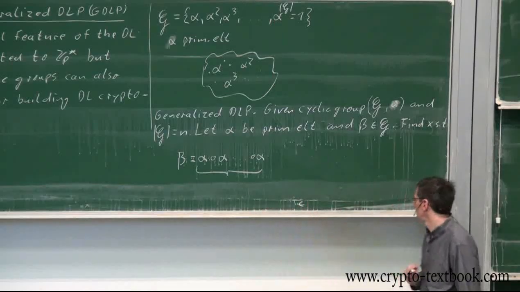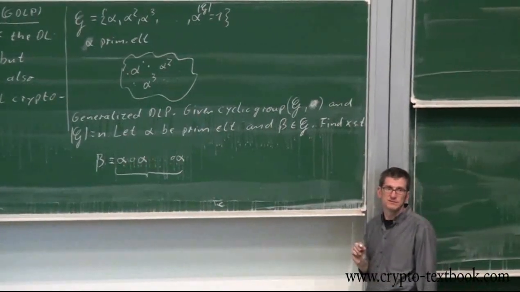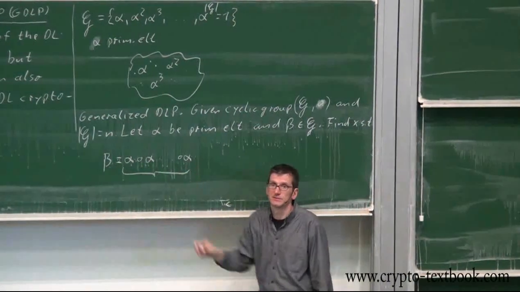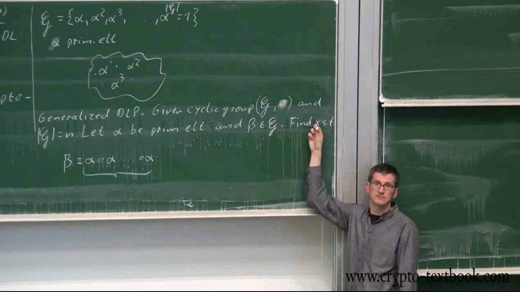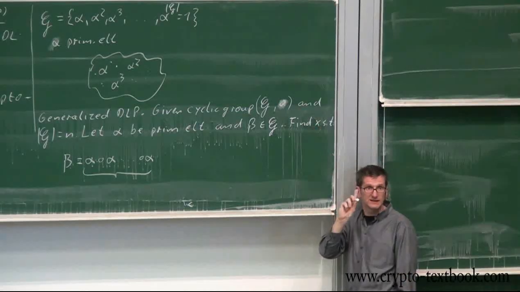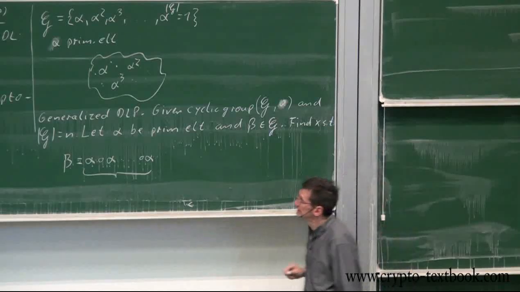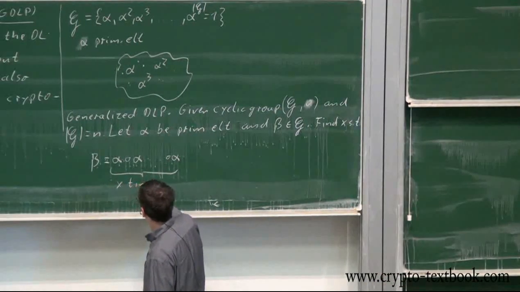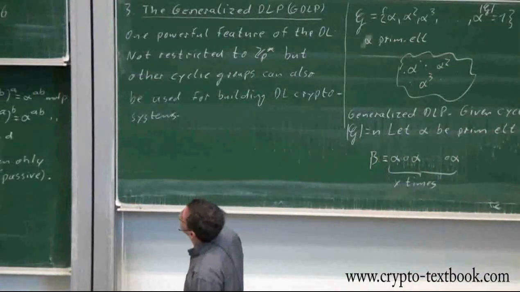And how often do we do that? How many alphas do I have here? This is x. X is the counter of how often I do the group operation. We had that before.